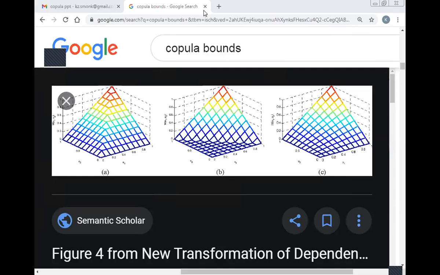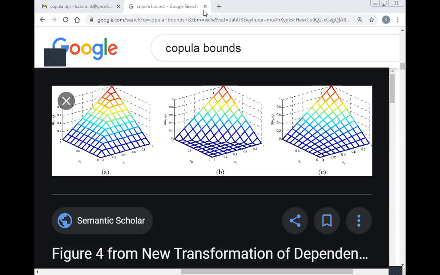What is the height? I mean, it still covers all of these edges, right? Because the minimum of any number with a 0 will always be 0, because we know that u and v always take values between 0 and 1. If one of these numbers is 0, then the minimum of these two numbers will also be 0.